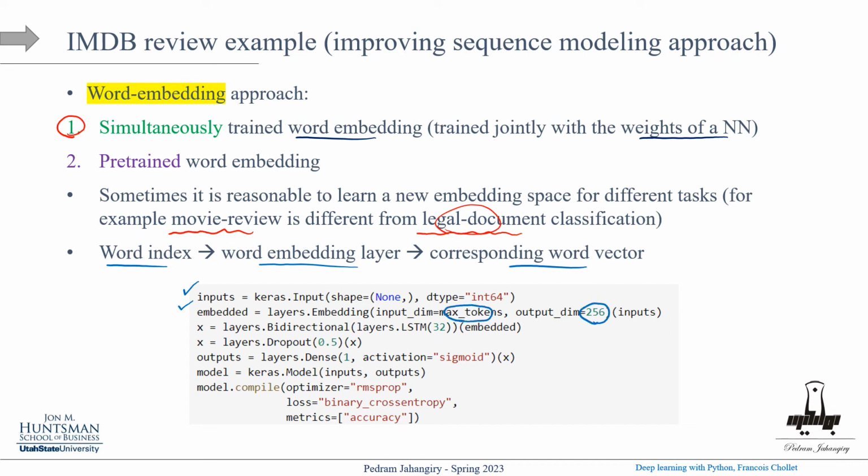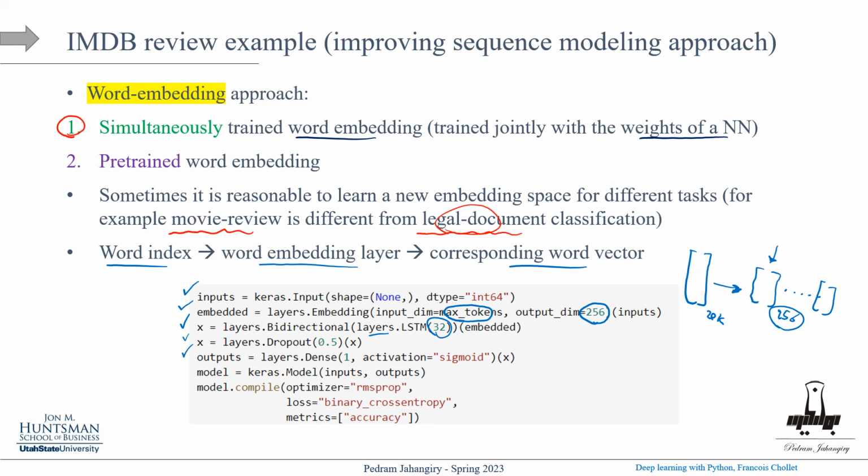Basically, we are taking these vectors that were 20,000 and transforming them to a corresponding word vector, which here is 256. It's a lot lower dimensional. For each word we use one of them, and here we have 600 words, so we concatenate 600 words of these together. Then we apply our regular bidirectional LSTM with 32 nodes, add a dropout layer, and finally our output layer.